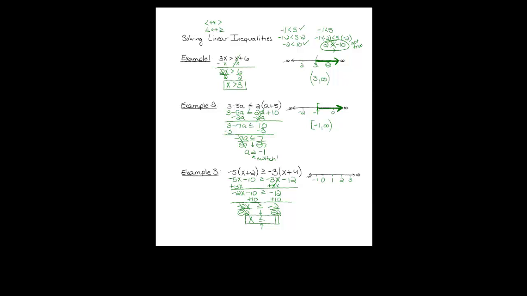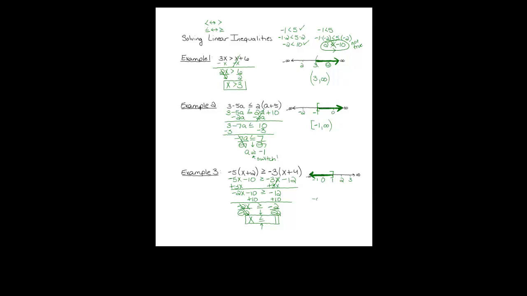So x can be 0, it can be negative 1, negative 2, negative 80. It can be anything all the way down to or toward negative infinity. So you want to be sure to shade that entire arrow. And you can include 1, so there is the square bracket at 1.